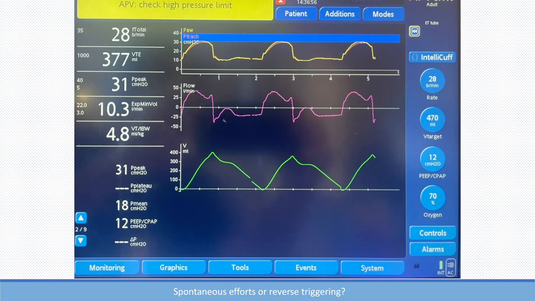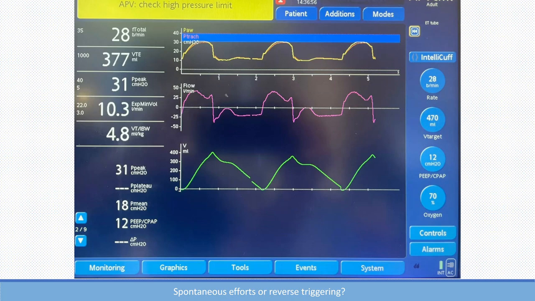Now, these inspiratory efforts did not trigger another breath, but we see that there is inspiratory effort here, another one here, and every single breath is followed by inspiratory effort. So I was thinking that since those are time-triggered, machine-triggered, and this is happening right after that, it must be reverse triggering. However, I need to confirm this.